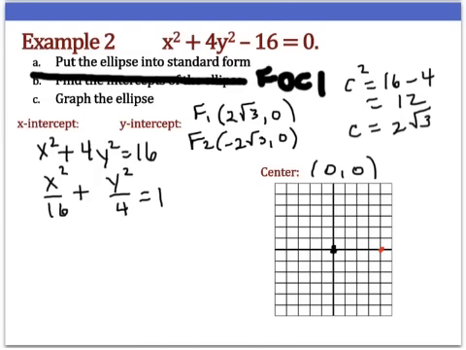So we're going to go left and right in the direction of the x-axis. And then we're going to go up and down 2 in the direction of the y-axis. Like that. And then all we need to do is connect our 4 dots, much like we did with the circle, and now we have our ellipse.